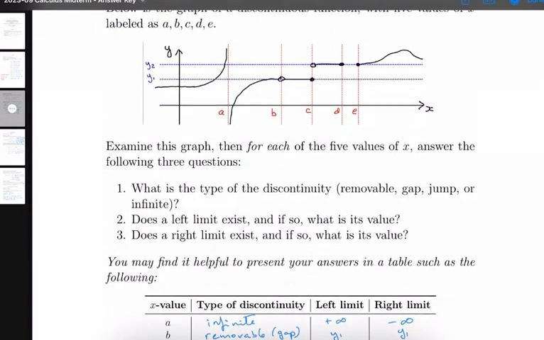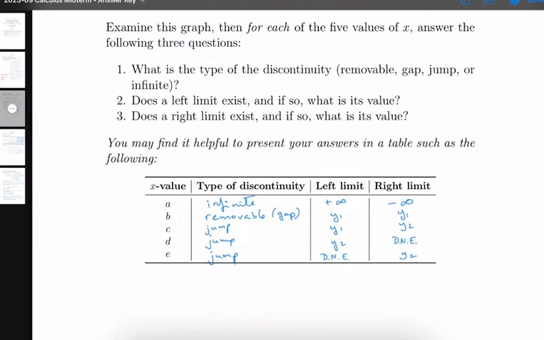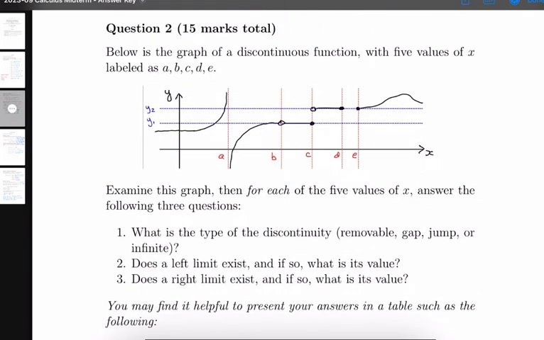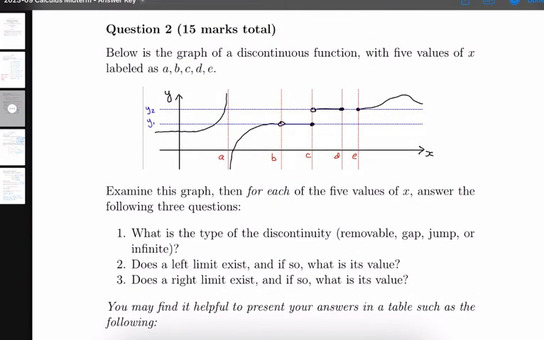Okay, so now that I'm clear on that, the 3 questions are, what is the type of the discontinuity? And there are some options given. Is it a removable discontinuity, a gap, a jump, or an infinite discontinuity? Does a left limit exist?